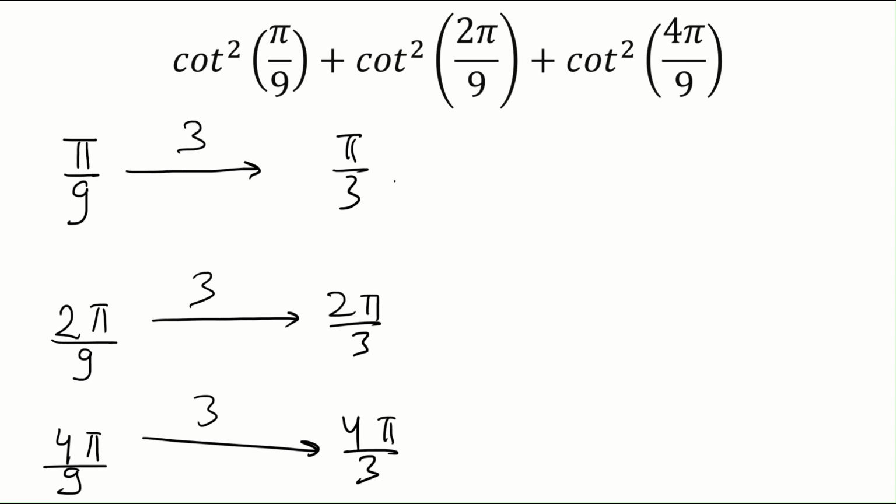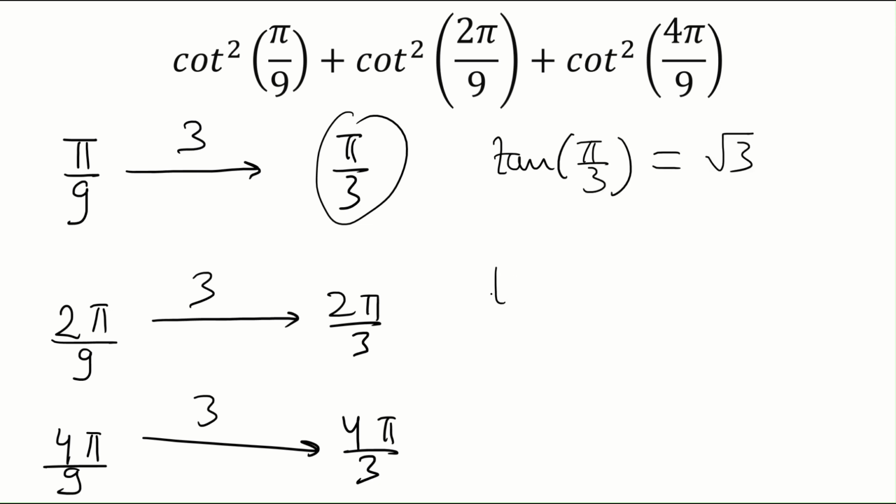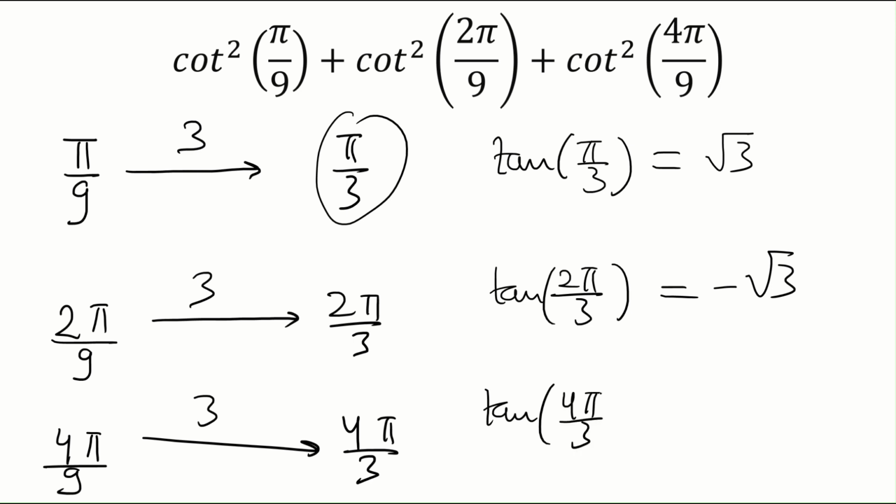That is not the end of manipulation. There is one more thing that we can notice: if we take the tan of this new tripled angle, tan of pi by 3 equals square root of 3, tan of 2 pi over 3 equals negative square root of 3, and for the last one, tan of 4 pi over 3 equals square root of 3. So we can notice two patterns.